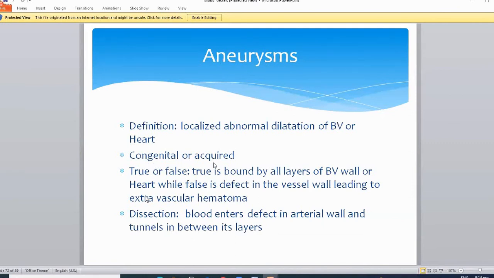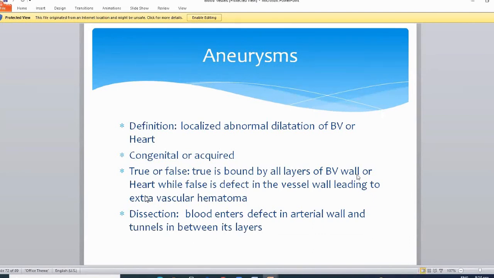The causes can be congenital or acquired. Aneurysms can be true or false. Congenital and acquired are self-explanatory; what about true and false? How do we differentiate them? True is the type of aneurysm bound by all layers of the blood vessel wall. What are the layers of the normal blood vessel wall?